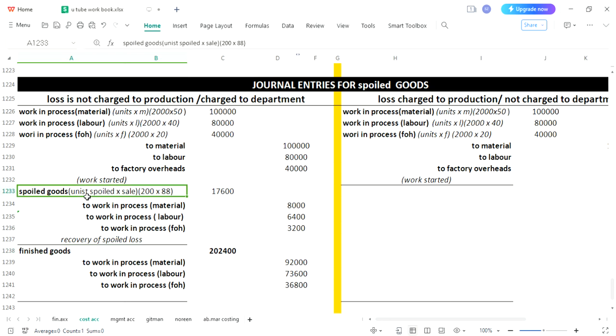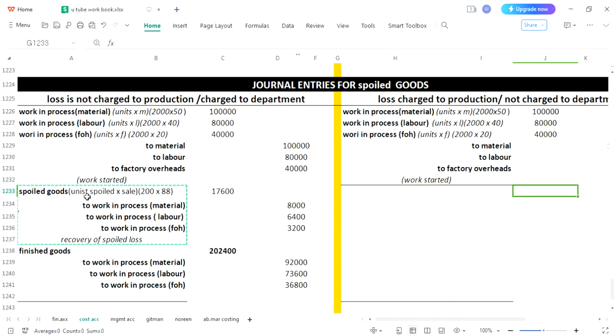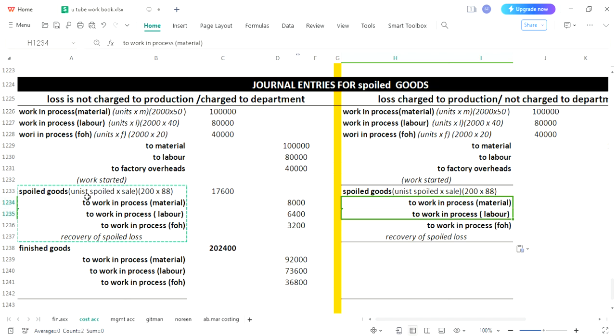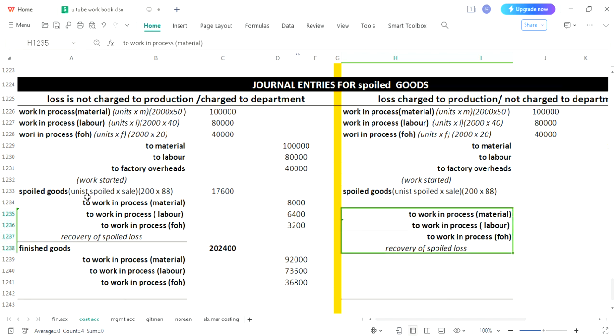Next is you will pick this entry, and same entry would be posted over here, except one change you will make over here. This way you have one vacant space.